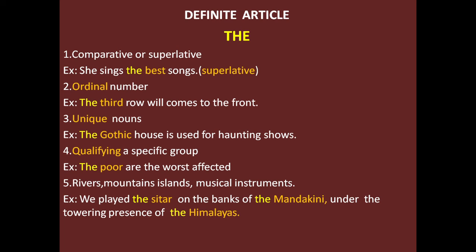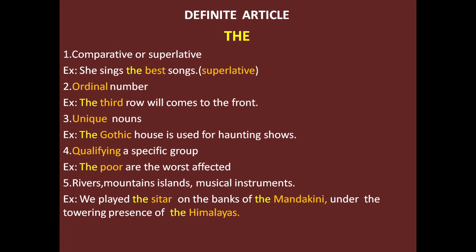Also ordinal numbers. That's self-explanatory. The third row, the fifth row, the fourth month, the sixth row or house. And when you have unique nouns, very specific, very special, the Victorian table, you are qualifying the table with a special quality.